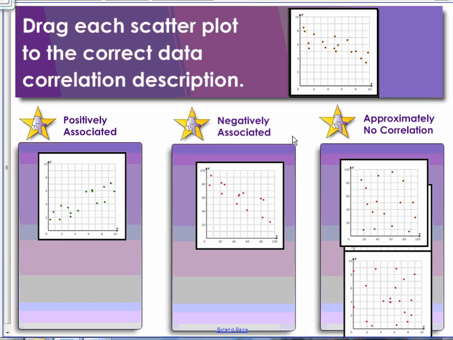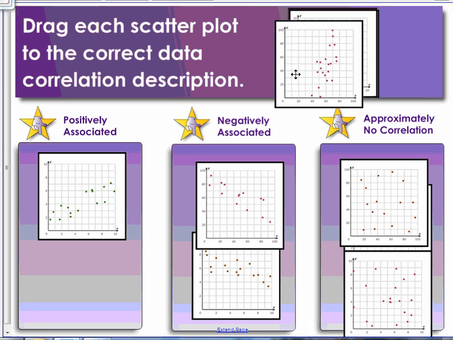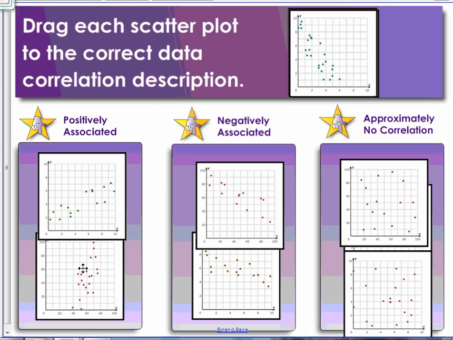This one's a little difficult to see because they all seem to be in the middle, but one's way up here, one's down here. They do very, very slightly tend to go negative. This one tends to go positive. So you get the point.